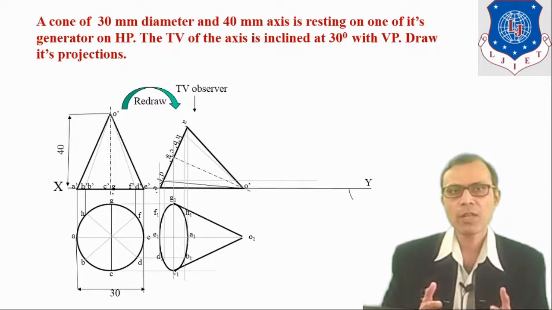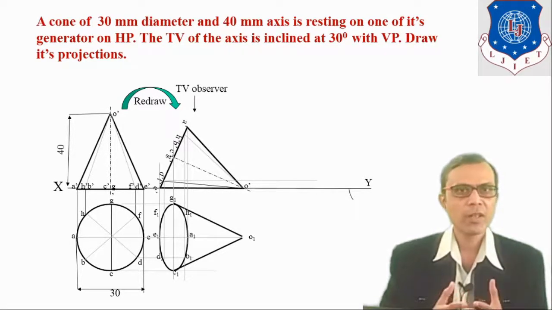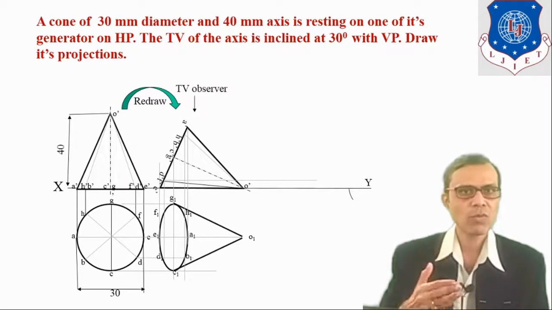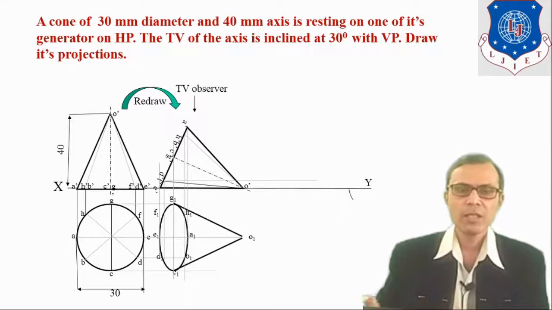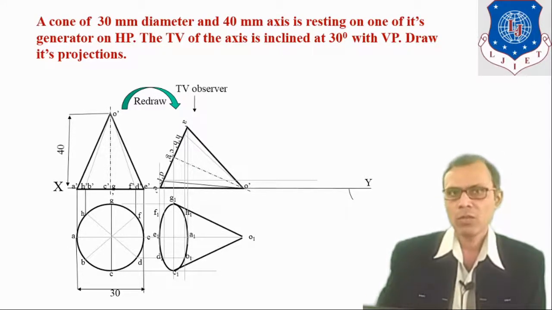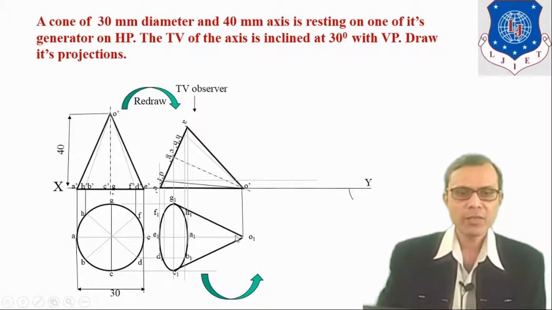The first point is that the outline is always visible, and it is always drawn with a continuous line. When the base is fully visible, it is also drawn with a continuous line. The part which is hidden or not visible is drawn with a dotted line. So it is the second stage top view.